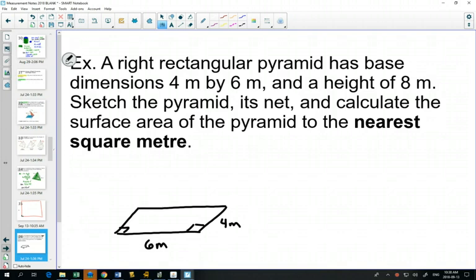So where do I draw the height from? Well, I start at the center, and then I need to go up 8 meters. So now this is 6, just trying to imagine, does that look a little bit longer than 6? Yeah, that looks a little bit longer than 6. I'm going to make that my 8 meters. So now this is the apex, or top of my pyramid.